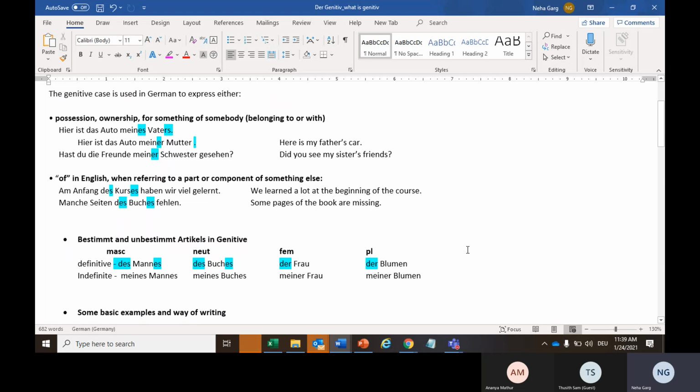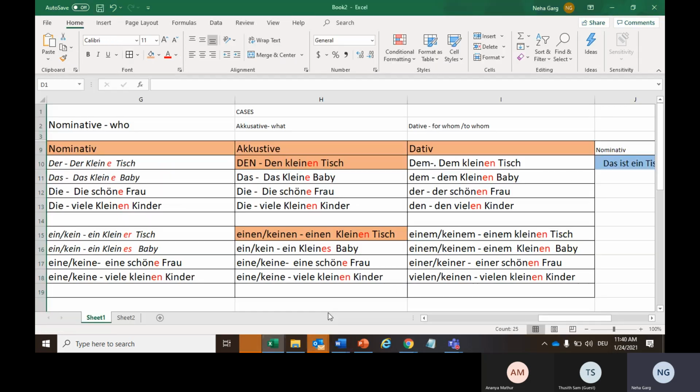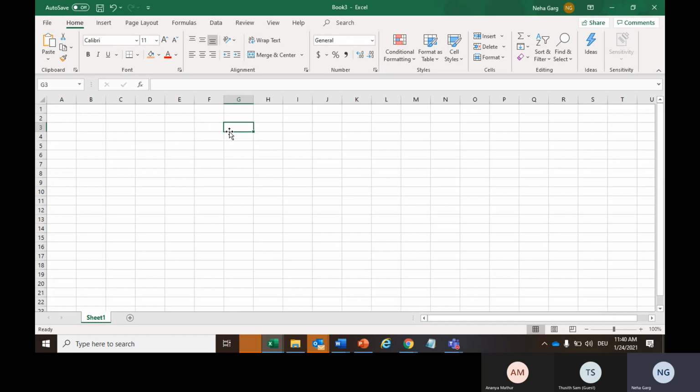As we all know, bestimmt articles and unbestimmt articles get impacted as per the case, be it nominative, accusative, dative, or genitive. So I'm just making a whole new table for you. Feminine, strong, feminine.